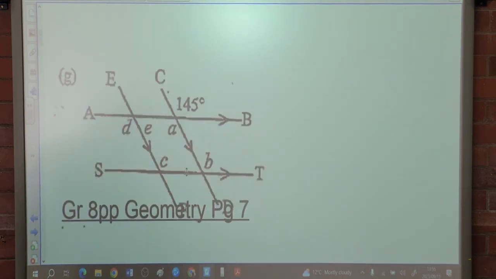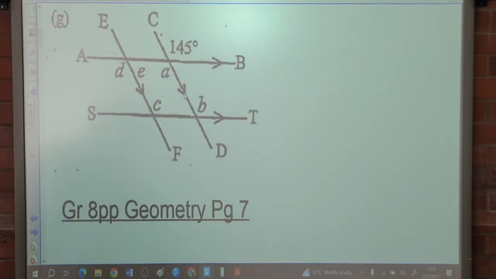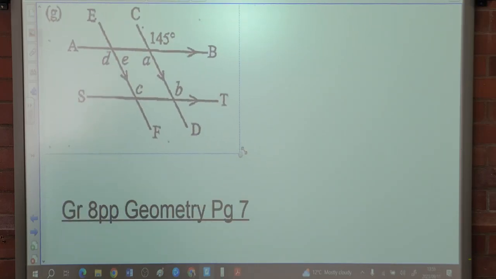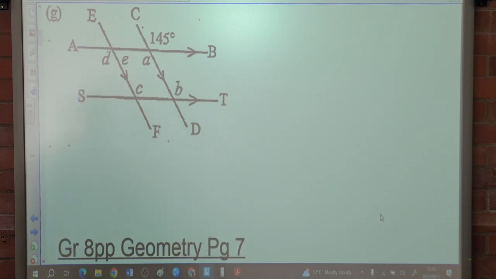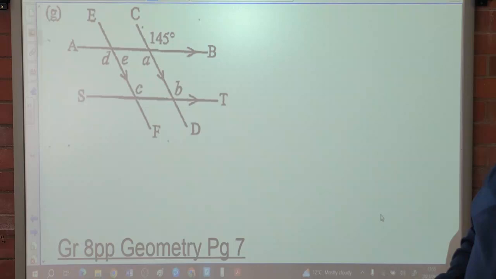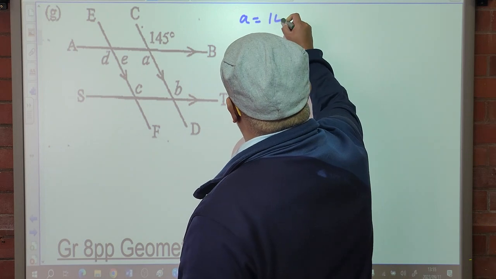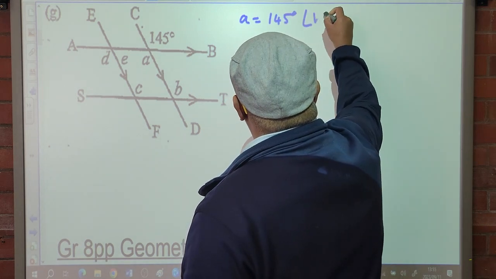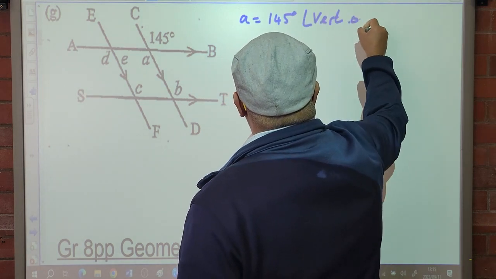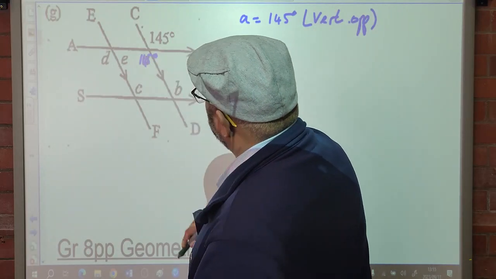Look at G. Where do we start? Let's start with A. A is vertically opposite. So A is equal to 145. Vertically opposite angles. So I put 145 here.